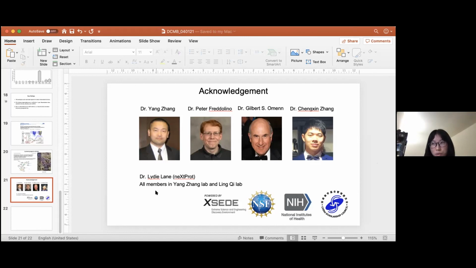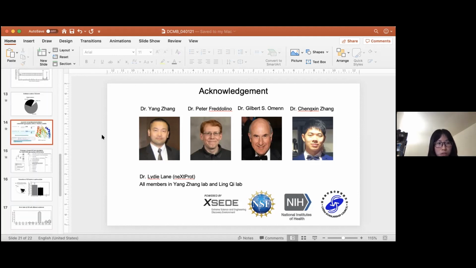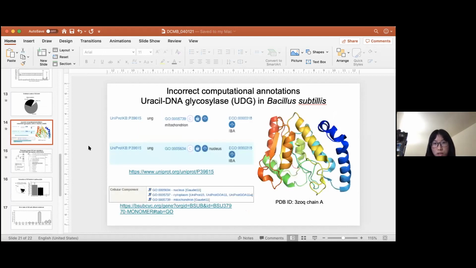They said that they will check them and correct them. Especially for neXtProt, Dr. Lane, she is the boss of neXtProt. She has checked all of the misannotations and corrected them. Also, she downgraded the IBA evidence from gold to silver. We also checked the proteins I show here, which were misannotated. For now, in UniProt and neXtProt, they both corrected these misannotations.